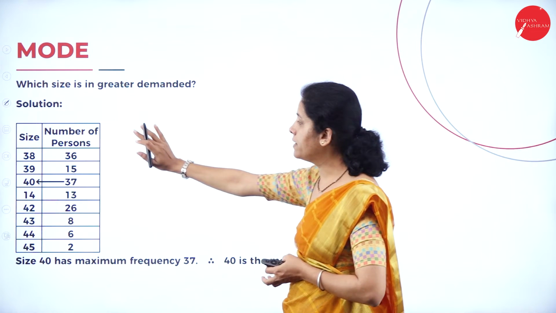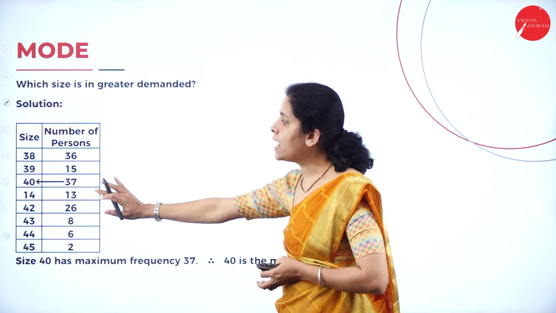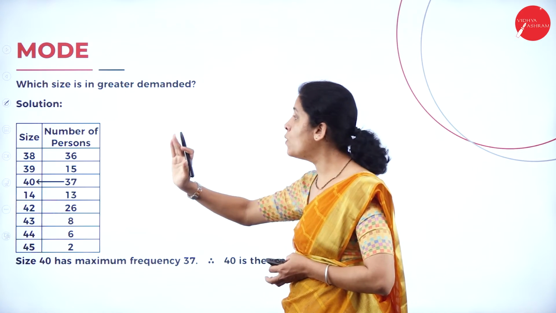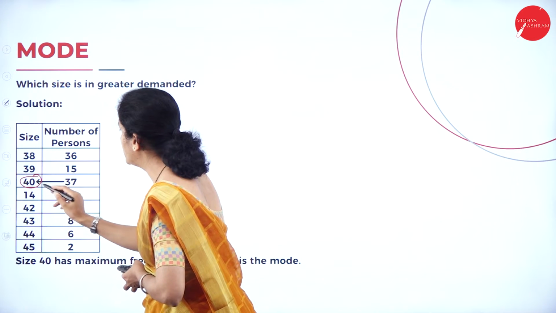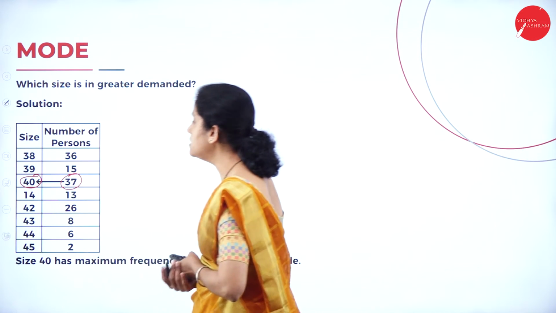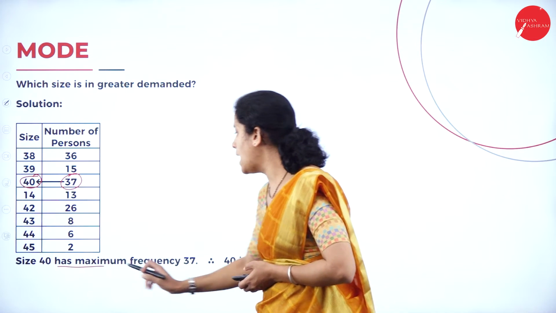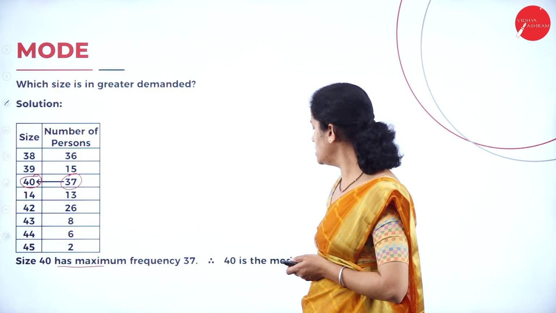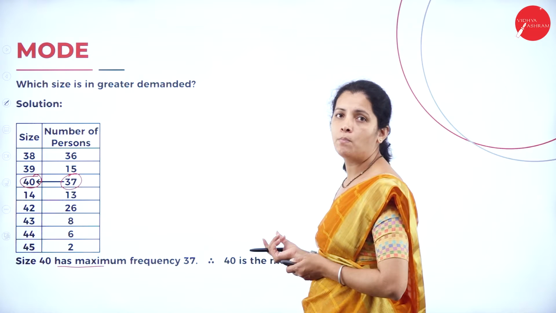And if I consider this table, which size will have more demand? That is 40. So size 40. And how many persons? That is 37. So here the size 40 has the maximum frequency 37. Therefore 40 is the mode.